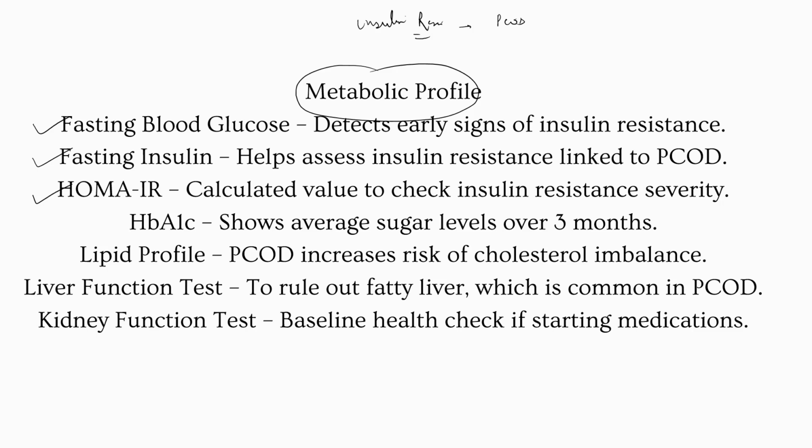Then HOMA IR, which is also for insulin resistance. HbA1c is also for diabetes to see the 3-month average blood sugar level, because of insulin resistance in the body, blood sugar can increase. Again, lipid profile will be deranged because PCOD also manifests as weight gain, and you can see deranged cholesterol levels in patients of PCOD.